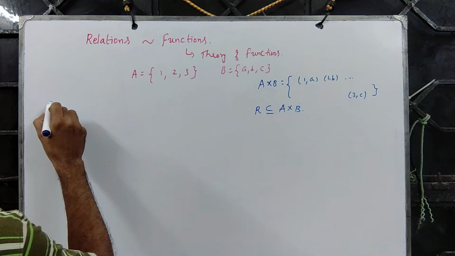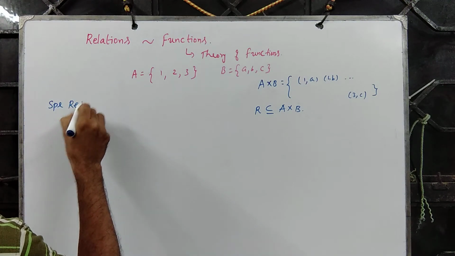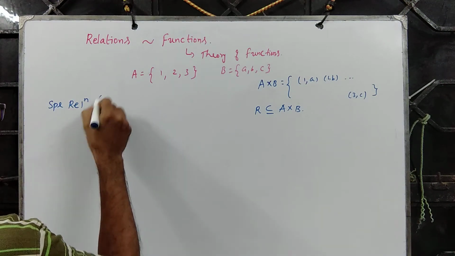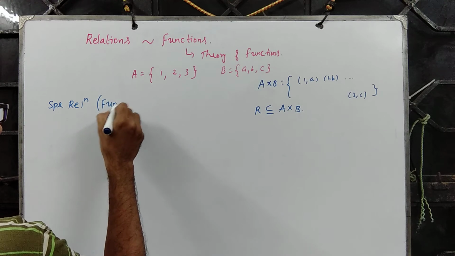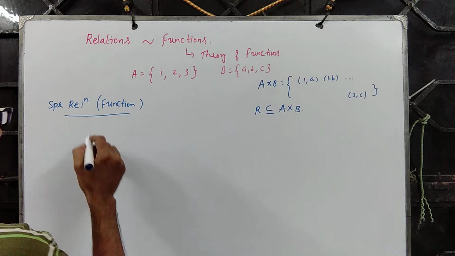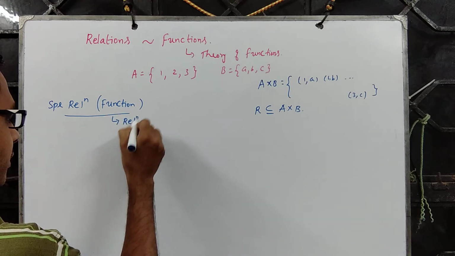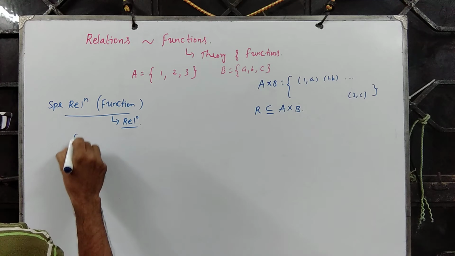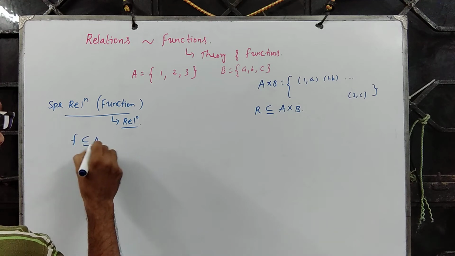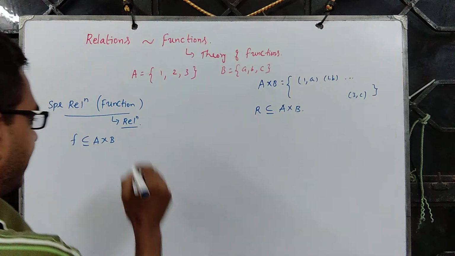So we are going to define a special relation, a relation satisfying some property, which we call a function. What is that? It is also a relation which is a subset of A cross B. What is the condition?